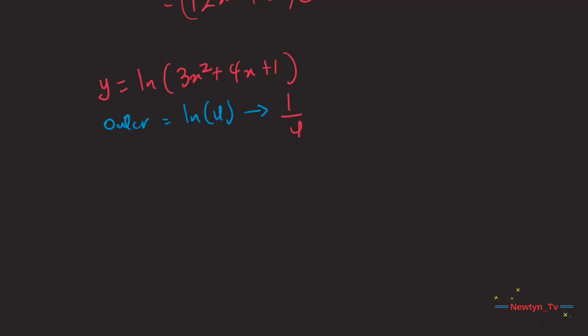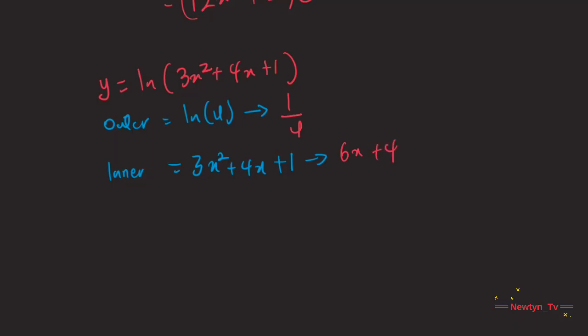So with this, our inner will be equal to 3x squared plus 4x plus 1. And what will be our derivative of this? So that one will be 6x plus 4. Very simple, right?